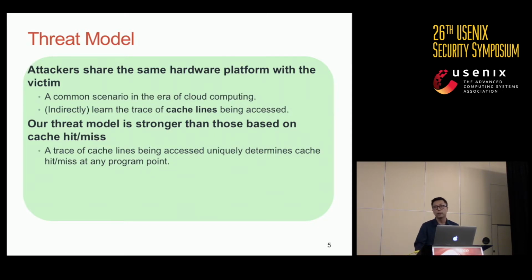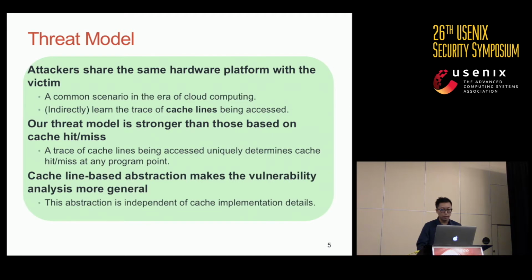But on the other hand, a trace of cache lines being accessed can mostly determine the cache status at any program point. Another thing is that the cache line-based model makes the vulnerability analysis more general, because our abstraction model is independent of the cache implementation details.